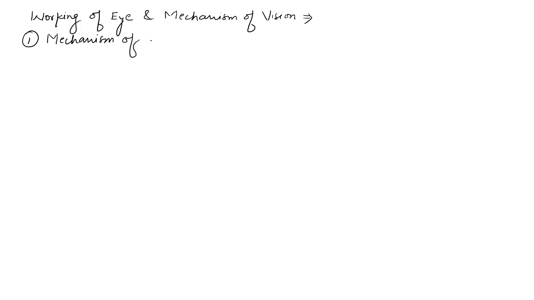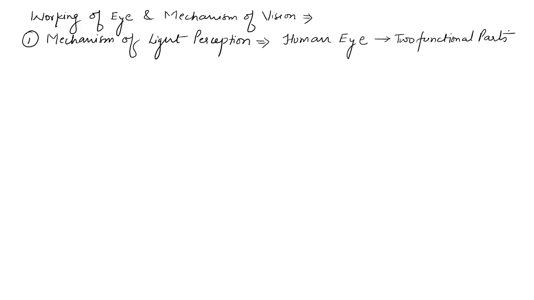The human eye is having two functional parts: first is the dioptric or focusing part, and the second is the receptor part.